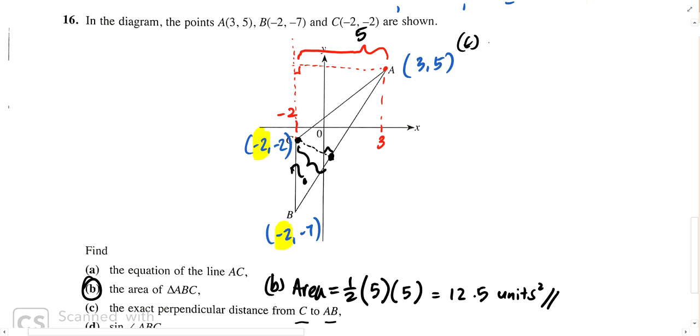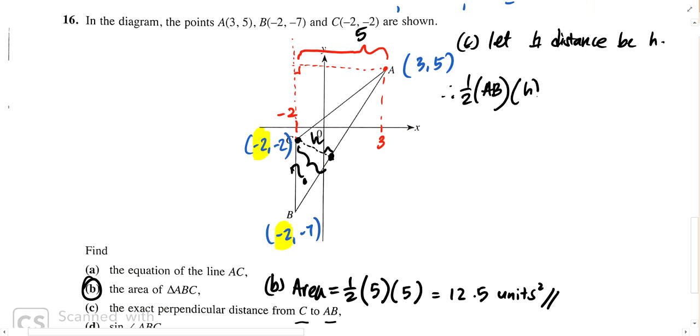For part C, let the perpendicular distance be h. So half times AB, that's our new base, times h has to equal 12.5. Let's do a substitution in. Have we found the length of AB? No, we haven't. So now let's find the length of AB. For the x, the magnitude will be 3 minus -2, which is 5, and we square it.